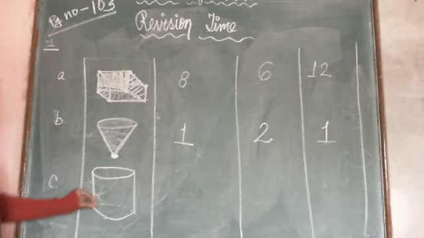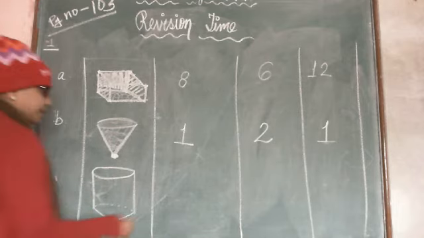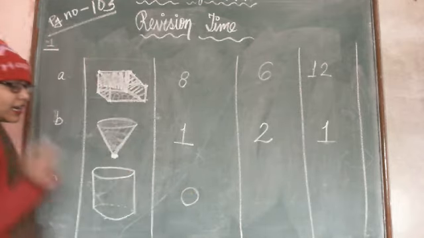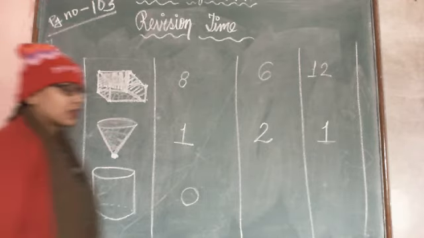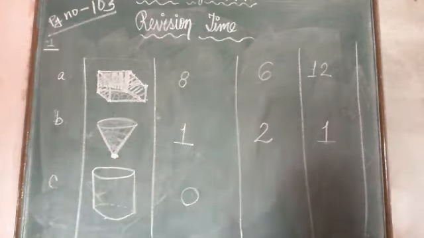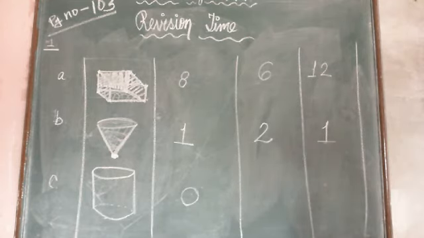Cylinder is having 0 vertices. No two straight sides are meeting. So, no vertices, no vertex, 0 vertex. Now, the number of faces. Now, you try to find out. We learn all these things. Yeah, think about it. Try to find out, think.